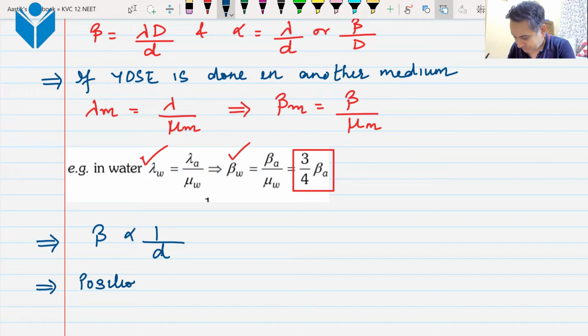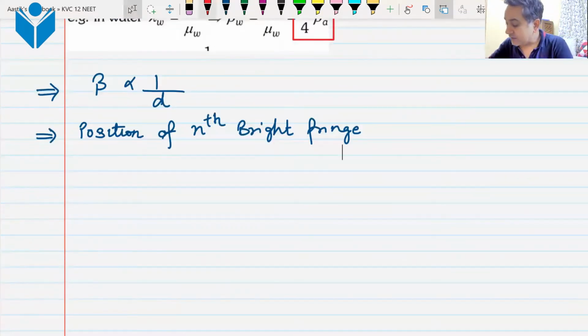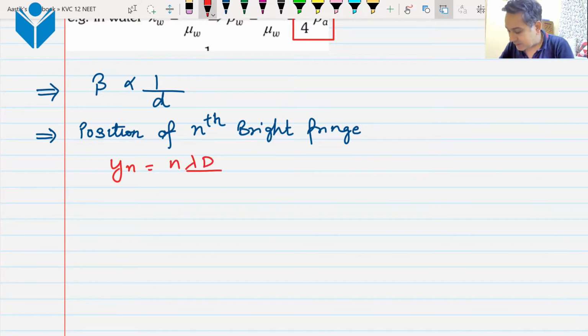Yes, sir. Then we have position of nth bright fringe. Now, this is just a repetition of what we had done, but we will write it in a different way, and the different way in which we write matters. You know y_n was given as n times lambda D by small d.